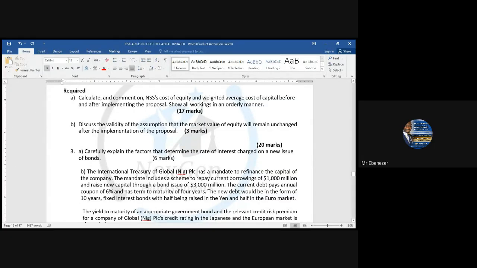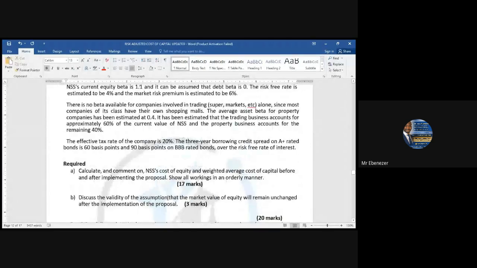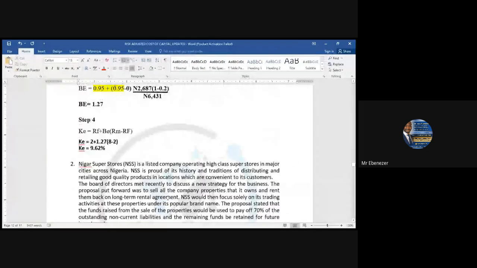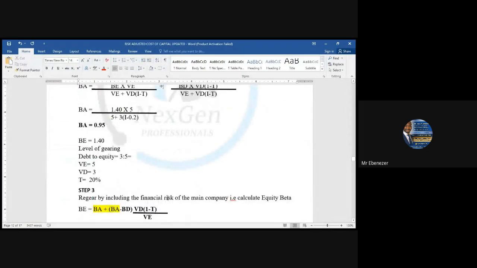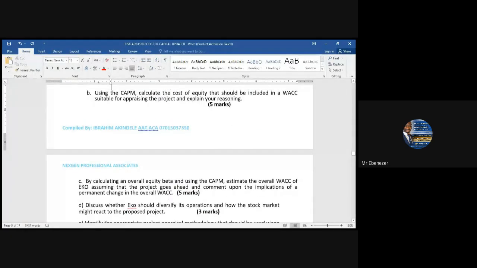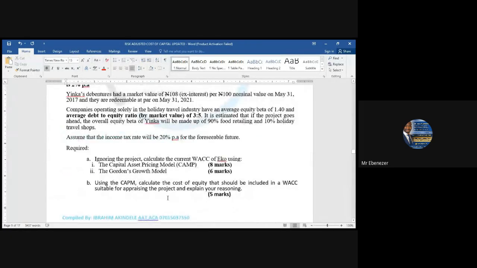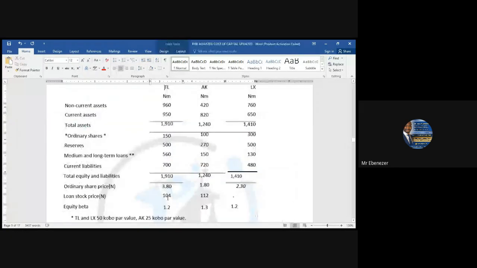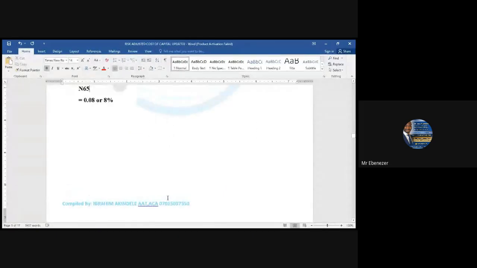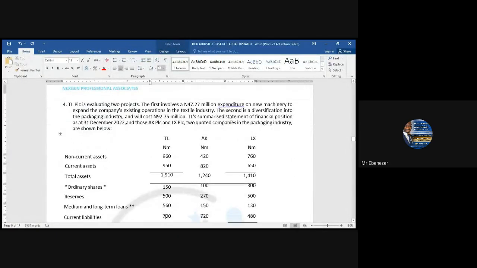The last one, complete the project-specific cost of capital 1. In our next class, I will complete this question on Eco PLC. Then we'll solve question 4. Then we are done with project-specific cost of capital.